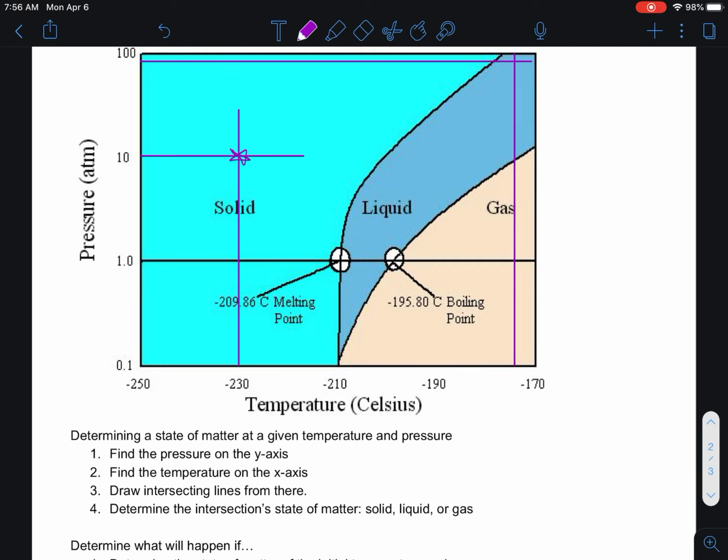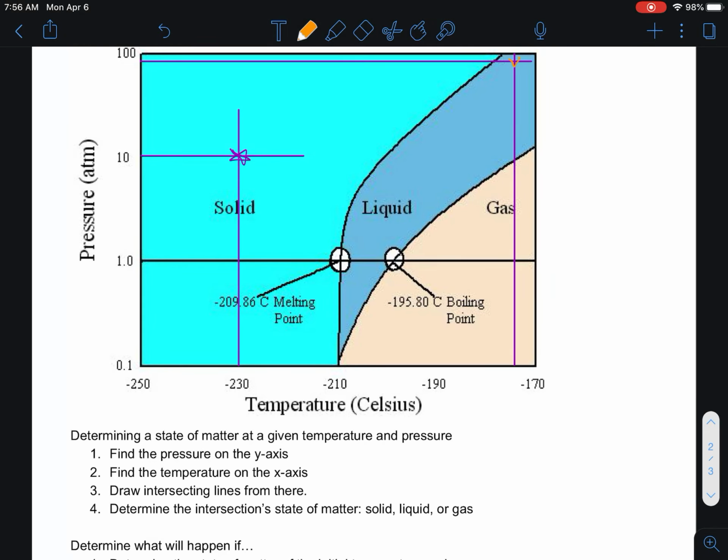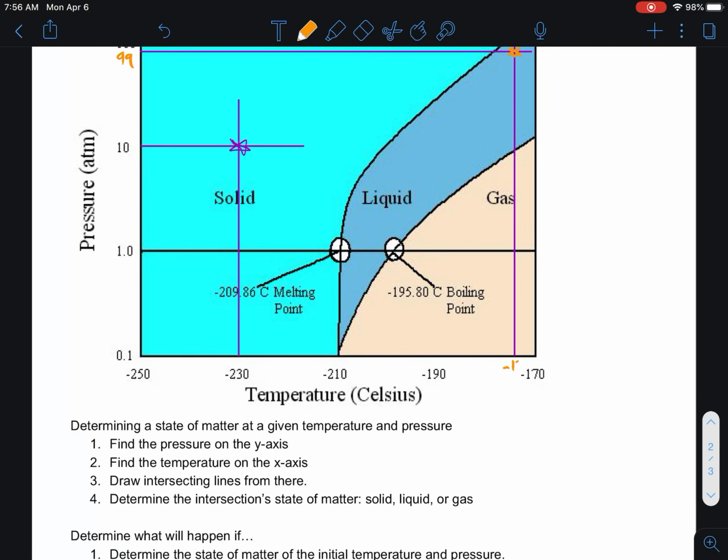Notice I've got a little cheat with my pen and an electric device so that it's actually horizontal. Make sure you're using a ruler and you'll get much more accurate information. If the pressure was 99 atmospheres and negative 175 degrees Celsius, then I would say the substance is a liquid.